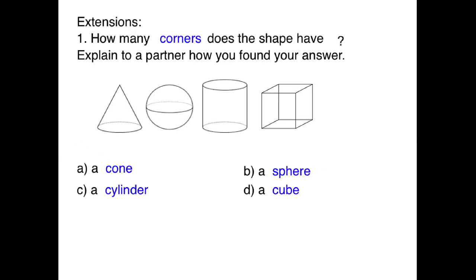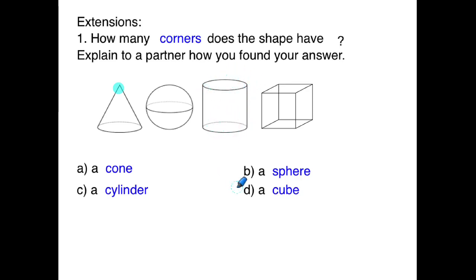So let's look at a cone. You should say how many before I do. How many corners does a cone have? 1. How many corners does a sphere have? 0. Cylinder. How many corners does a cylinder have? Any points?